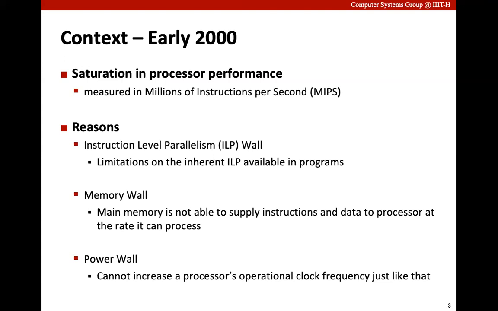Pretty much till, let's say, early 2000, the way processor manufacturers like Intel, AMD used to give performance is by coming up with excellent microarchitecture which exploits the underlying instruction level parallelism in programs.